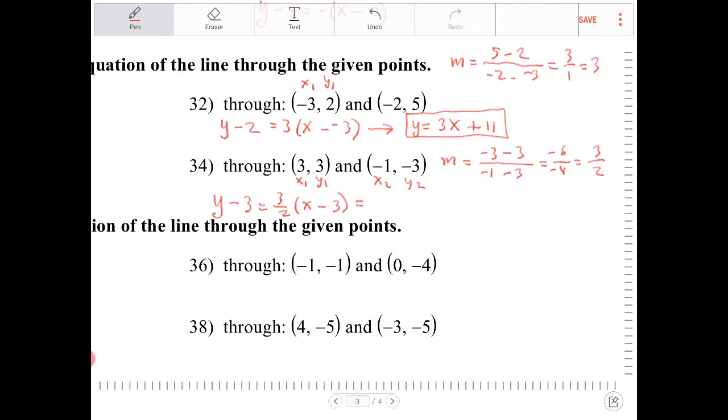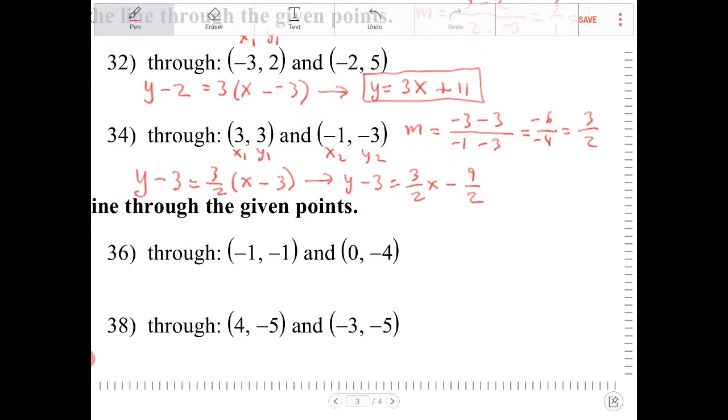So we're going to distribute. Therefore, this leads to y minus 3 is equal to 3 halves x minus 9 halves, right? Actually, it's not 9 halves. It is 9 halves. What am I doing? Minus 9 halves, and then we're going to add 3 to both sides. And when we add 3 to both sides, we end up with 3 halves x minus 9 halves plus 6 over 2, right?